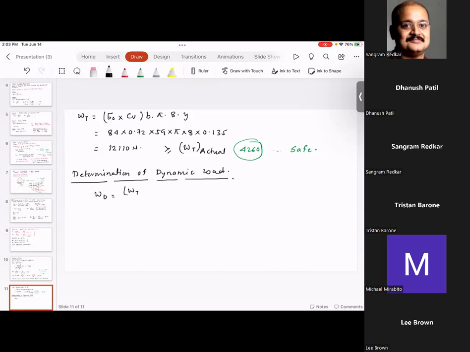WD is WT actual divided by the value of CV. So the WT actual is 4260 divided by CV, 0.135. So you will get the value of the dynamic load. Then determination of static load.